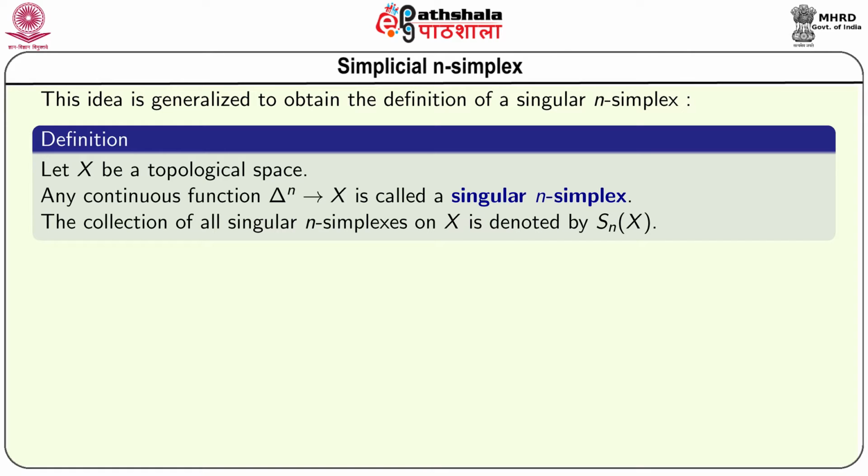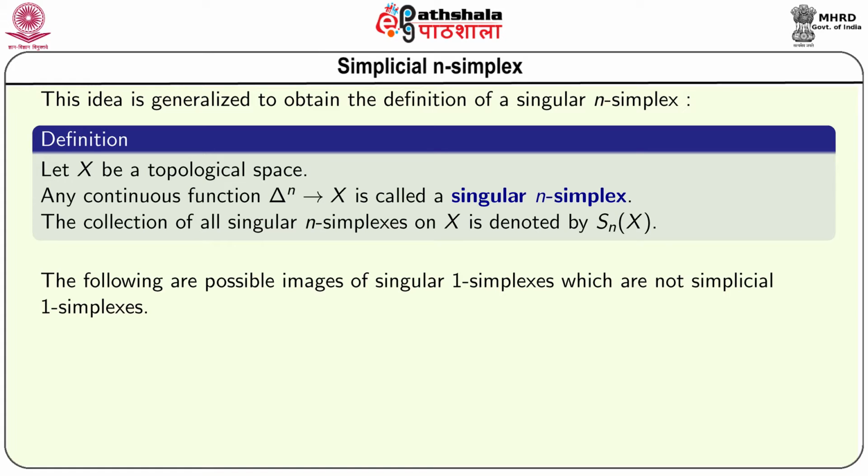Let us take a topological space X. Now, if we take any continuous function from delta n to X, then that continuous function is called a singular n-simplex. Let us take S_n(X) as the collection of all singular n-simplexes on the topological space X.